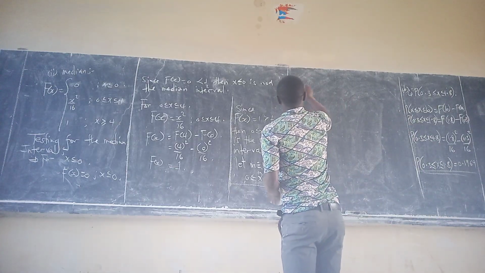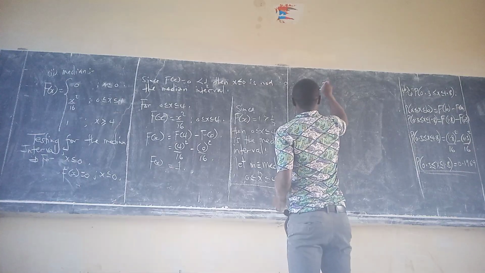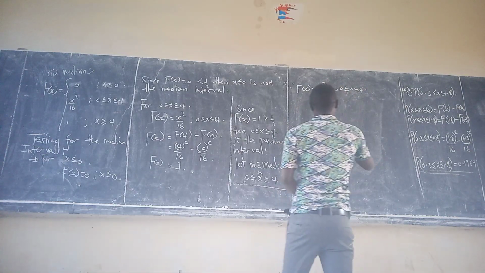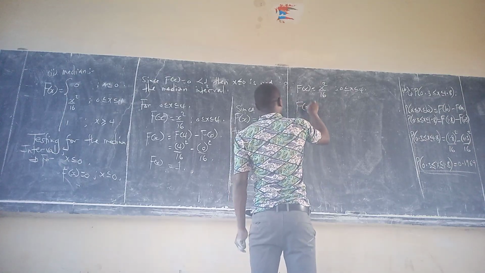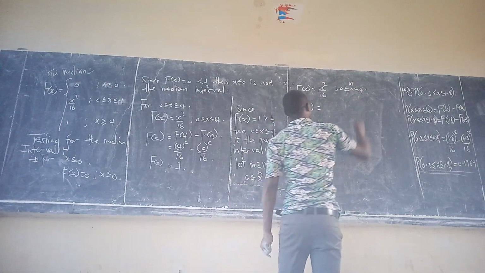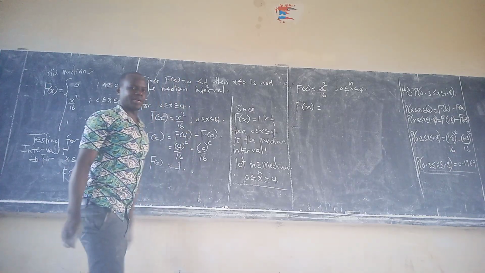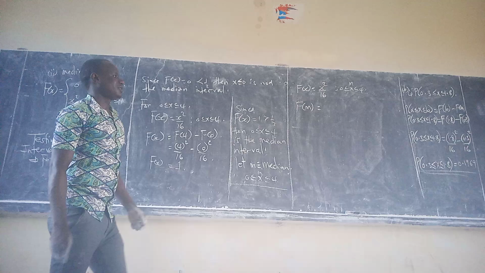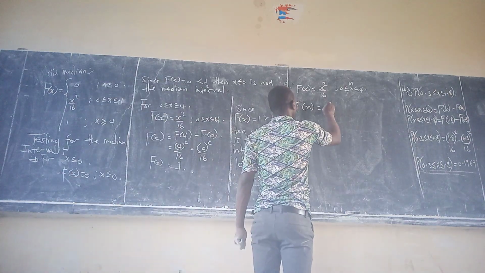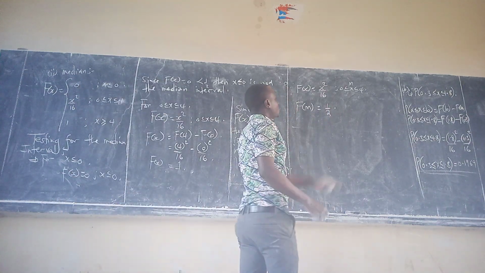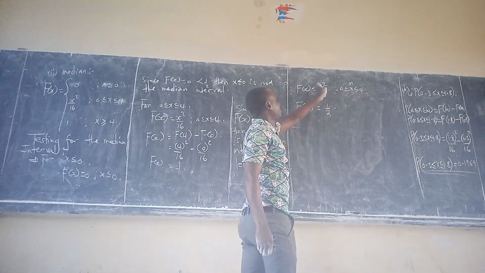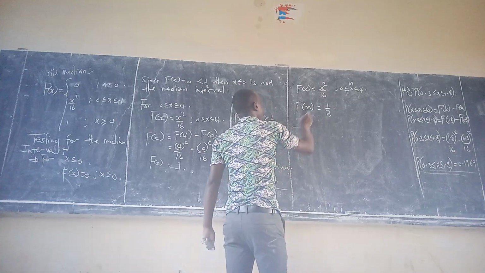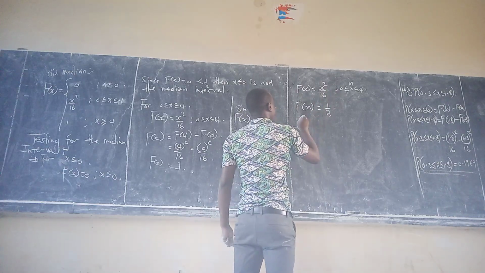So my capital F of x for that interval where the median lies is x squared over 16, when 0 is less or equal to x less or equal to 4. But the capital F of m in the median interval must be a half. So we substitute m in this function, replacing x with m.